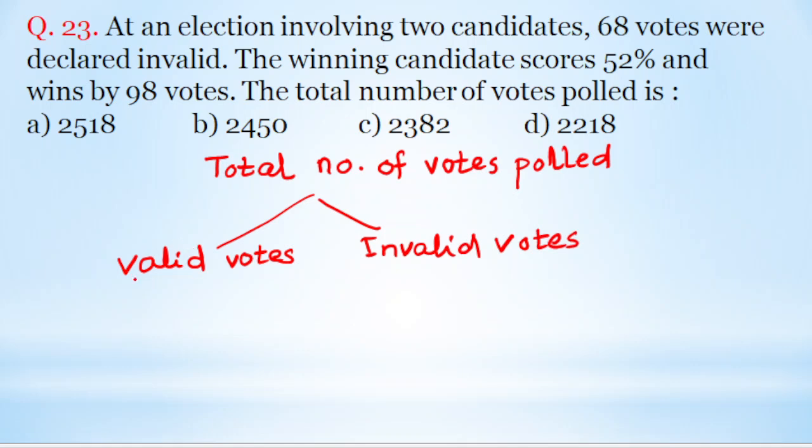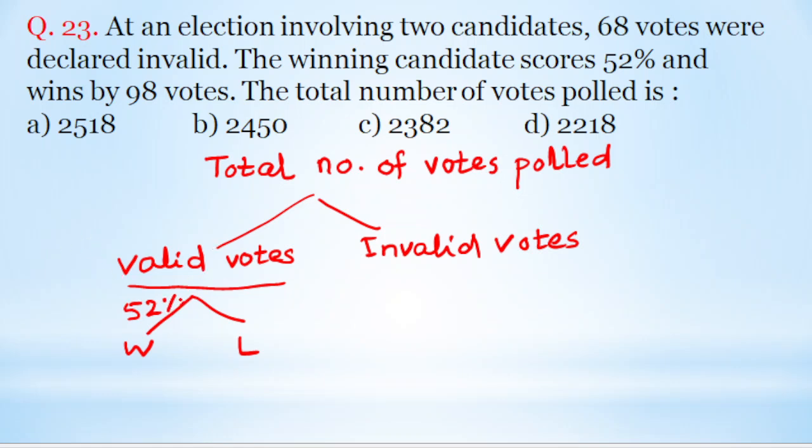From the valid votes, one candidate is the winner and the other is the loser. Some votes are in favor of the winner and some in favor of the loser. It is given that the winning candidate scores 52%.